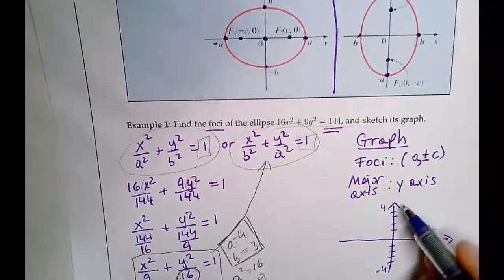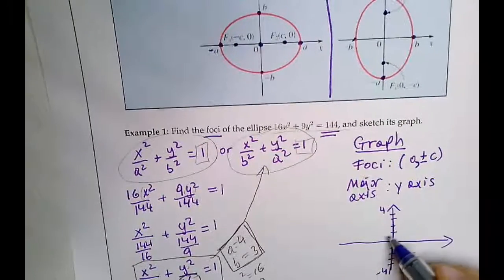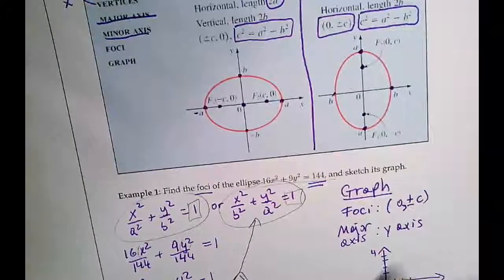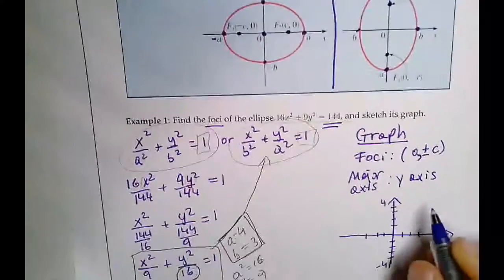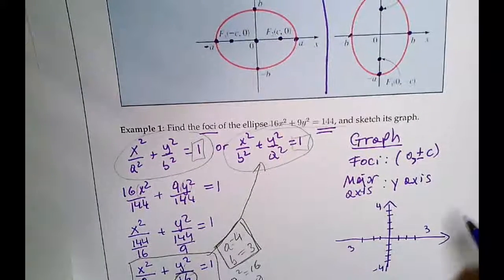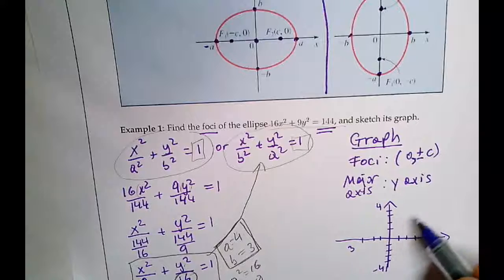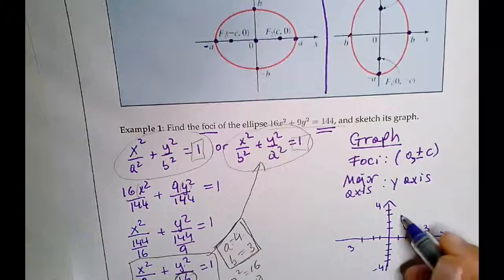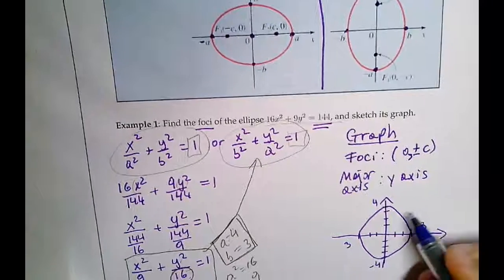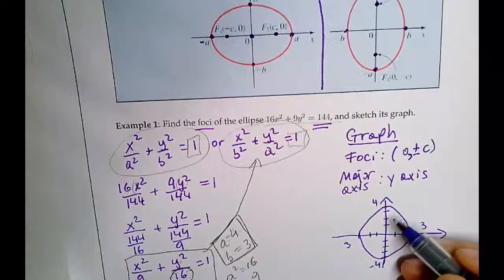So this is the major axis, and then the minor axis is given by b and negative b, and b is 3, so it's going to go 1, 2, 3, 1, 2, 3. Alright, so then I can draw the ellipse already. And I also need to find the foci.